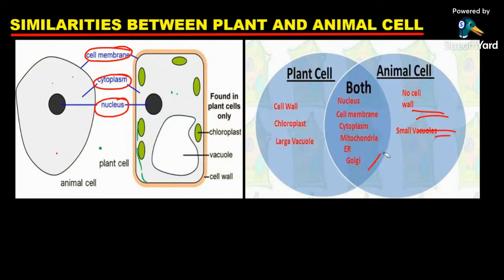So what they have in common is the nucleus, the cell membrane, the cytoplasm. These parts are from the simplified one. But when you go to the detailed one, you find mitochondria, ER, which is endoplasmic reticulum, and also the Golgi bodies or Golgi apparatus. So this is what we can look at in terms of similarities.